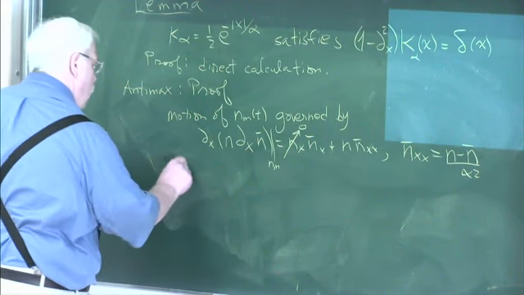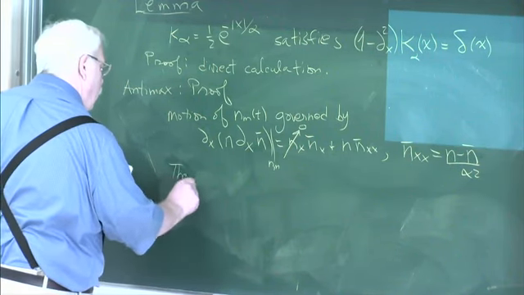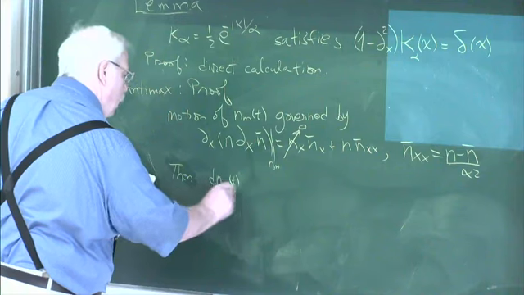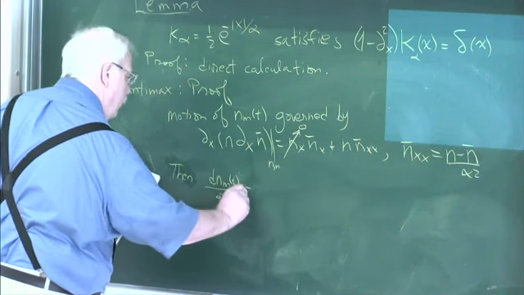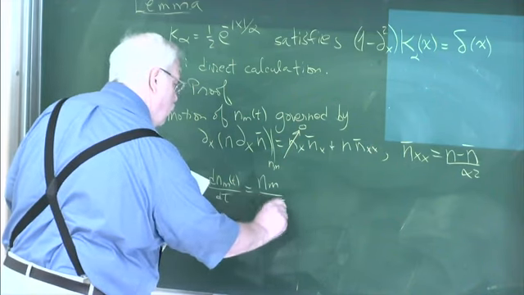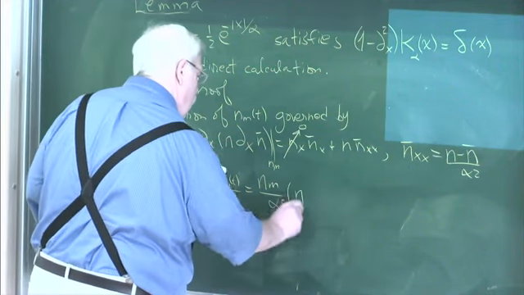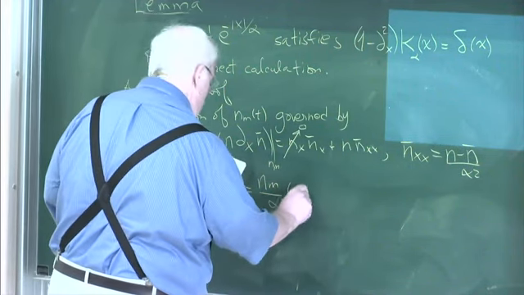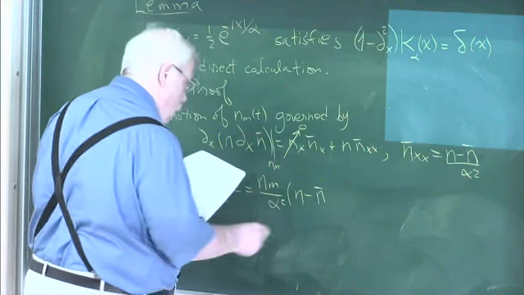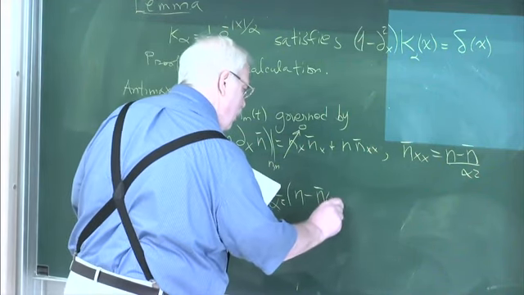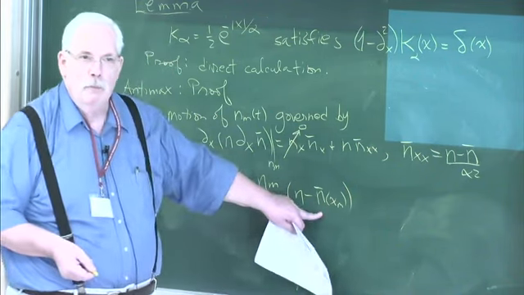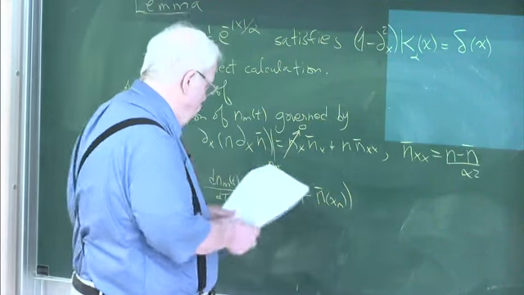Then the equation says d n sub m of t by dt is equal to n_m over alpha squared times (n minus n bar) at position x_m. Let me check I have my signs right.